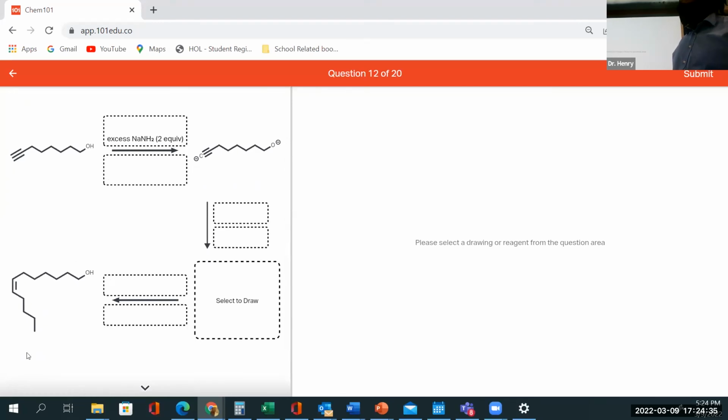So if we work backwards, what's happening here? We're adding more carbon. So what process added more carbon? Just look at this when we're working with triple bonds.